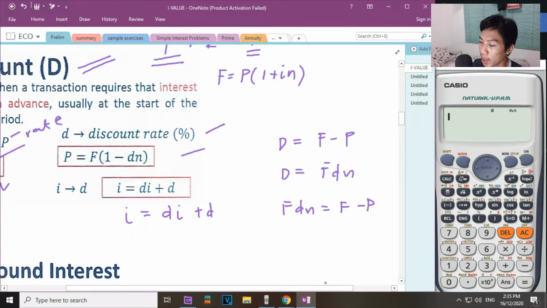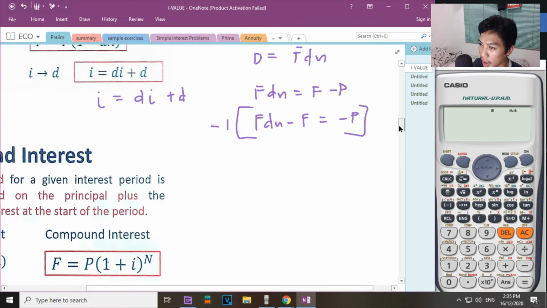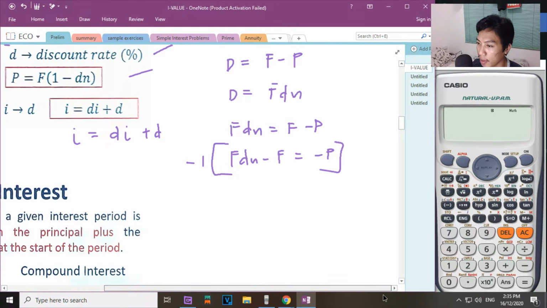Pagsamahin natin yung merong F. So, F dN minus F equal to negative P. Ngayon, i-multiply natin by negative 1. So, ano kalalabasan yan? Sinisimplify ko na.